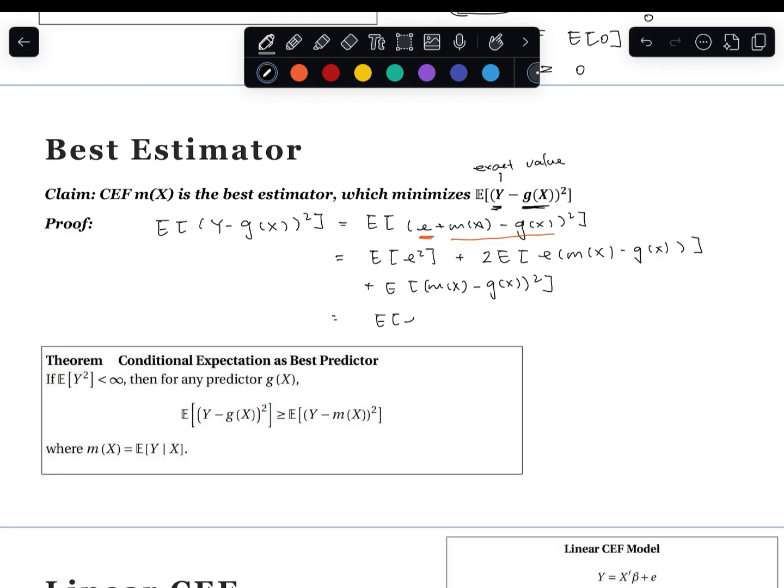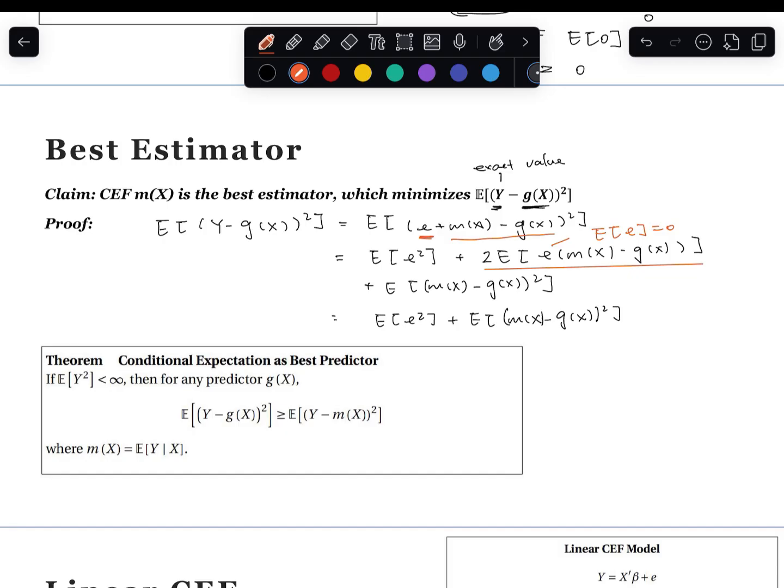Then we know that e is just the condition.